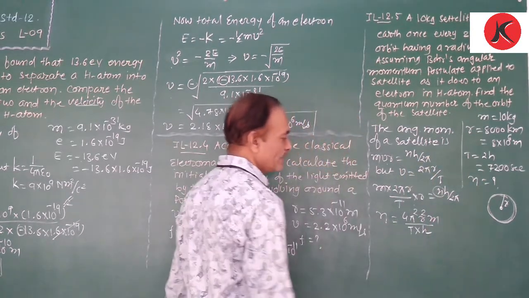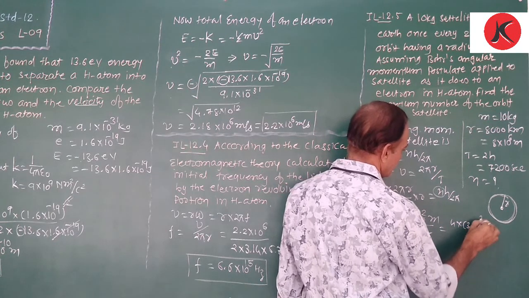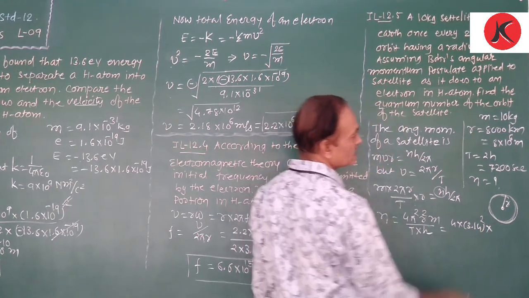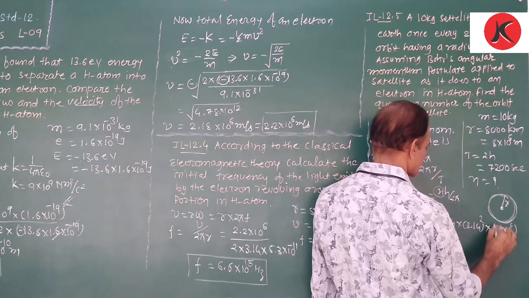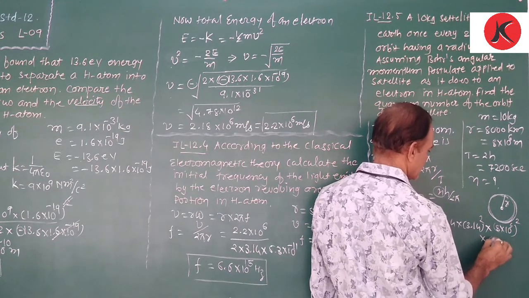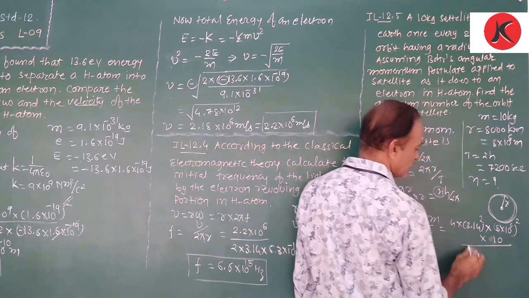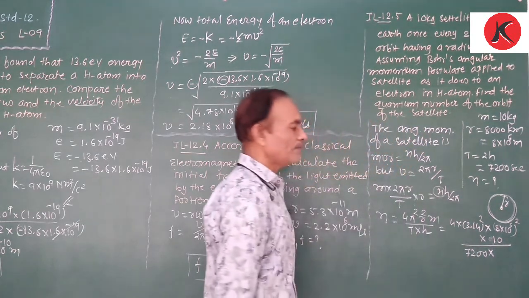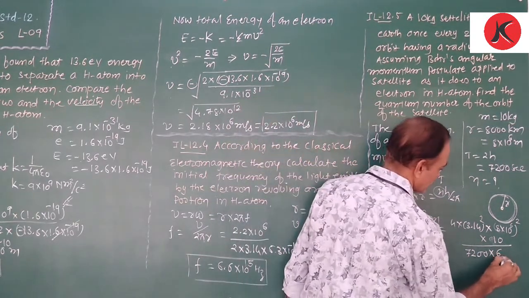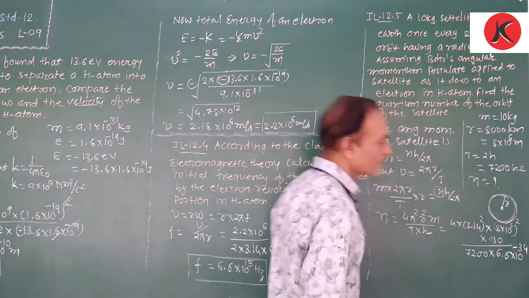Here we substitute the values: 4 into 3.14 whole square, radius r is 8 into 10 is to 6 whole square, mass is given as 10 kg, divided by periodic time 7200 and Planck's constant 6.6 into 10 is to minus 34 joule second.